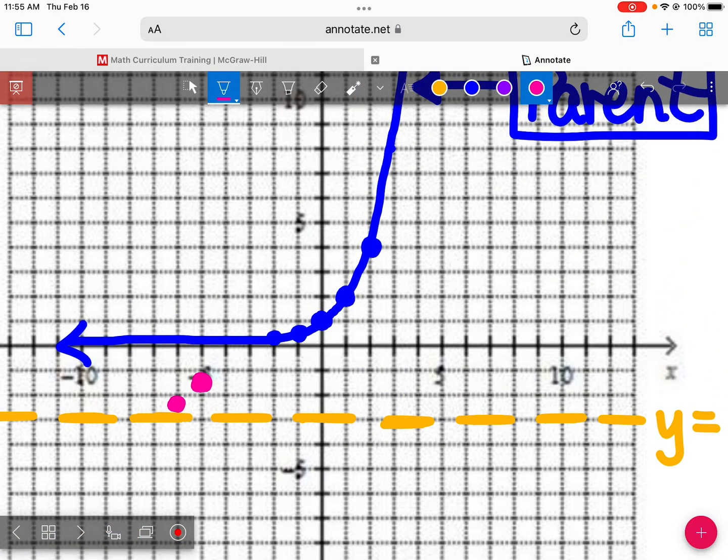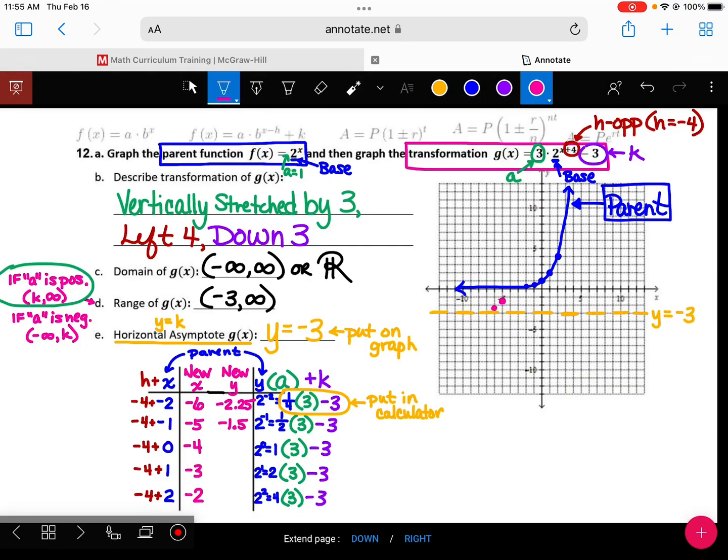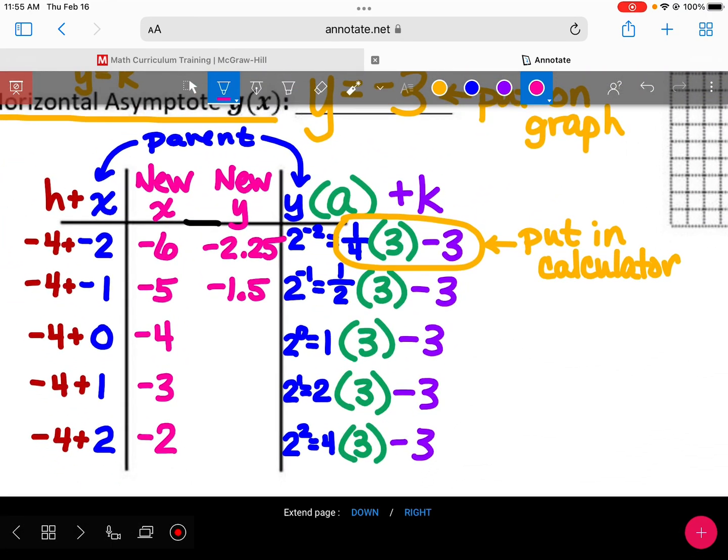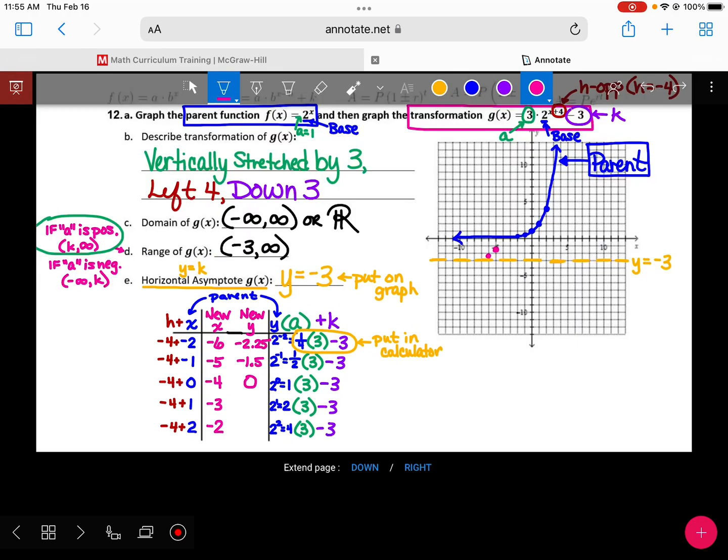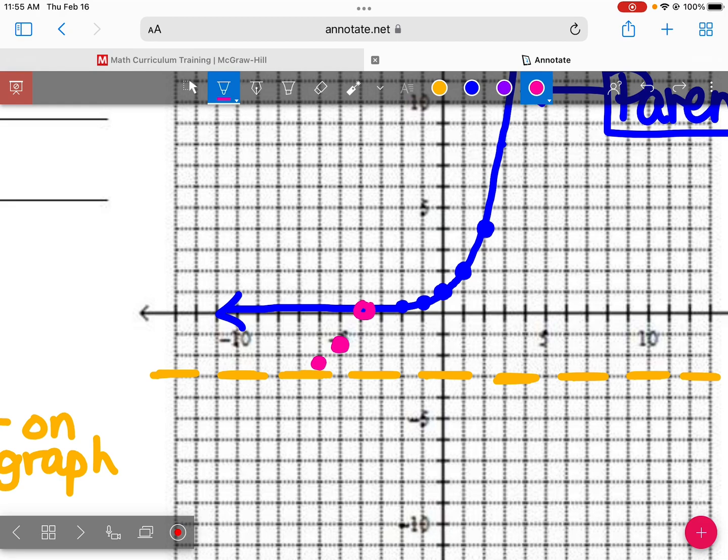Right about here on my graph. What about the next one, the middle one? You get 0. So I plot the point at negative 4, 0. Right here.